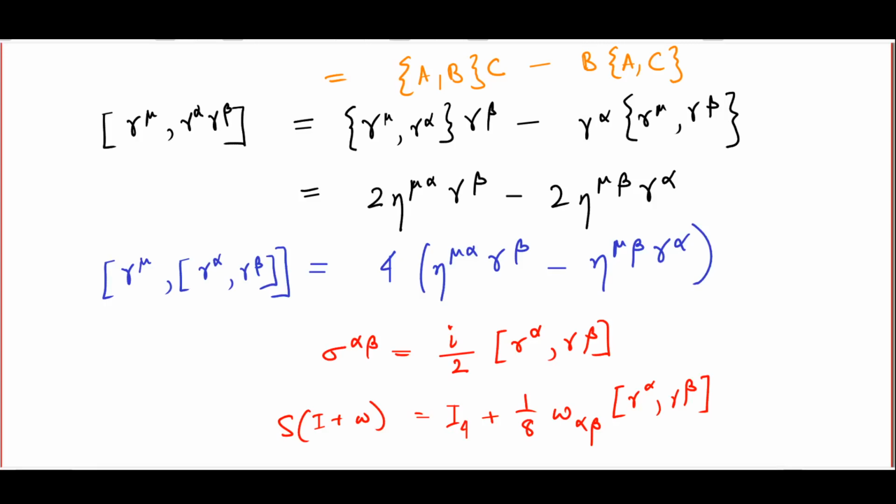And written in terms of this particular form for σ^{αβ}, our formula for the transformation matrix for the Dirac wave function under an infinitesimal Lorentz transformation is given by I4 plus 1/8 ω_{αβ} times the commutator of γ^α with γ^β.